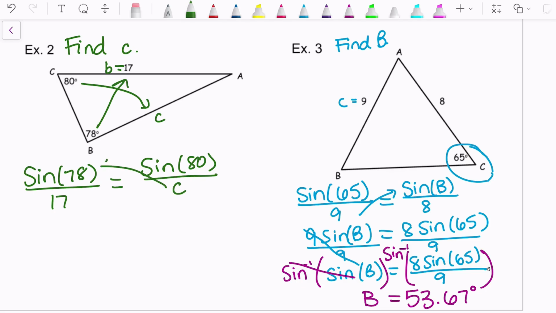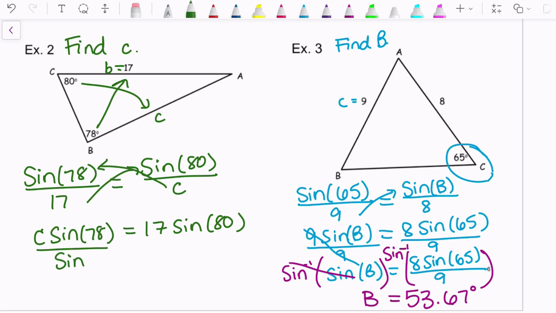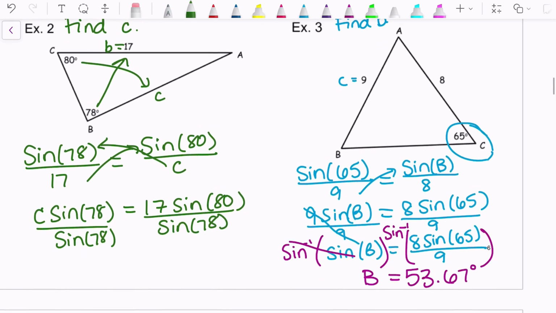I'm going to cross multiply. C times the sine of 78 is equal to 17 times the sine of 80. To get C alone, you divide by the sine of 78. And then C will be by itself.